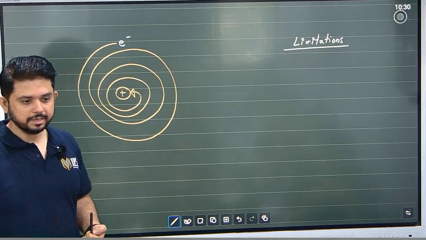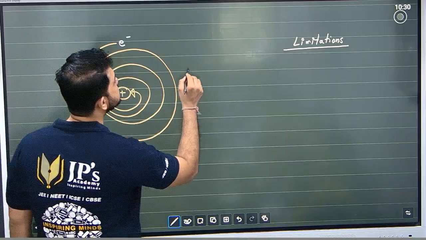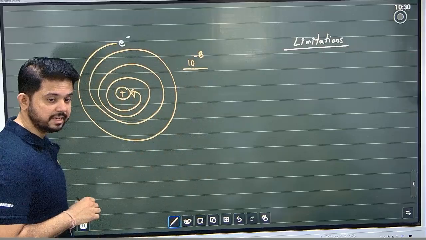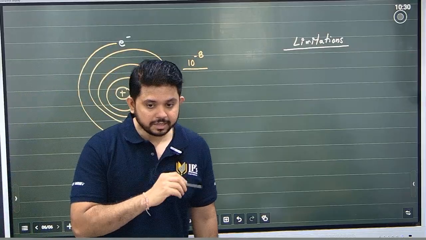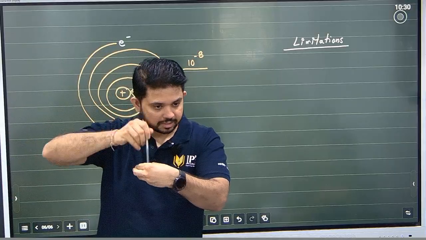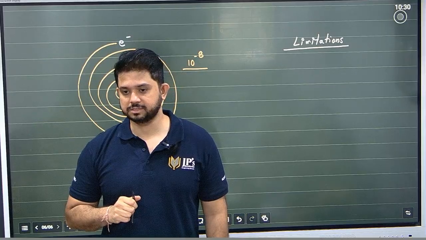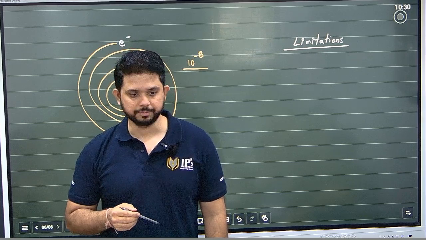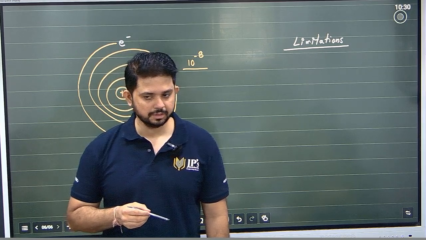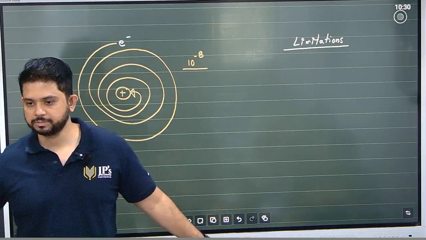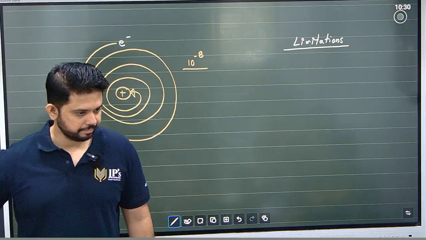Data says that this should happen in less than 10 raised to minus 8 seconds. Why isn't the electron losing energy and collapsing into the nucleus? That was something which couldn't be proved by Rutherford. And why is that not happening? We all are here, so thank God that is not happening.